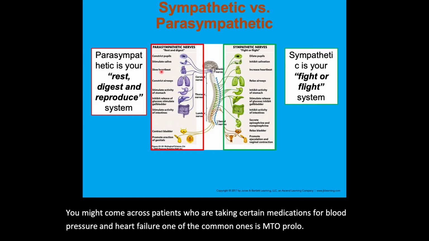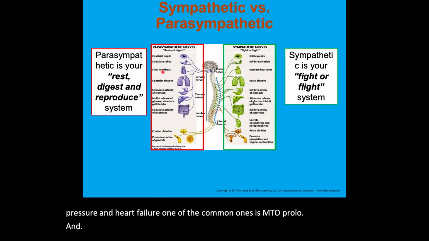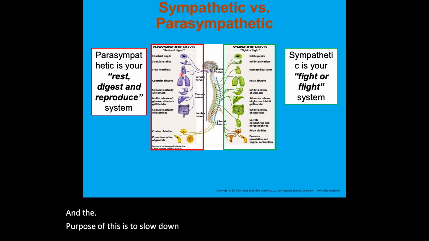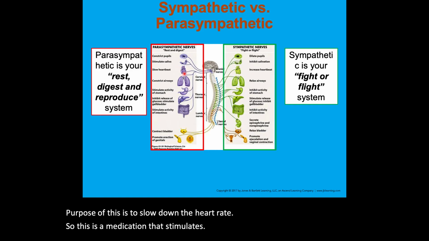And this medication is referred to as a beta blocker. And the purpose of this is to slow down the heart rate. So this is a medication that stimulates essentially parasympathetic functions to slow down the heart.